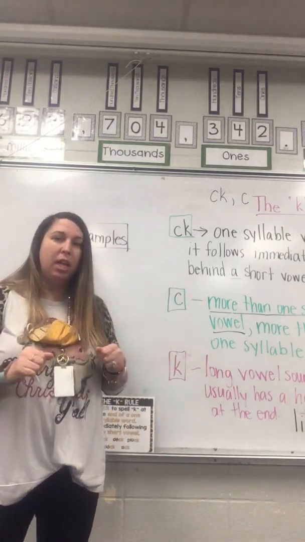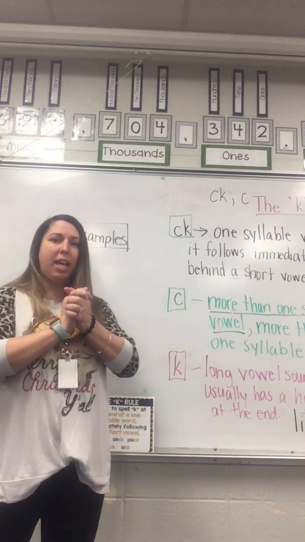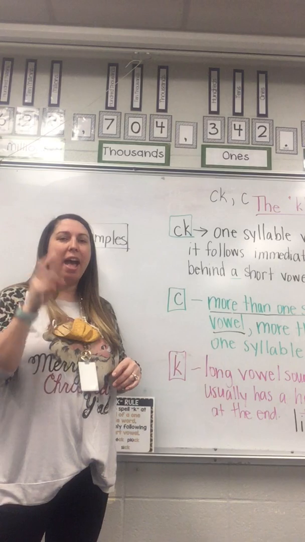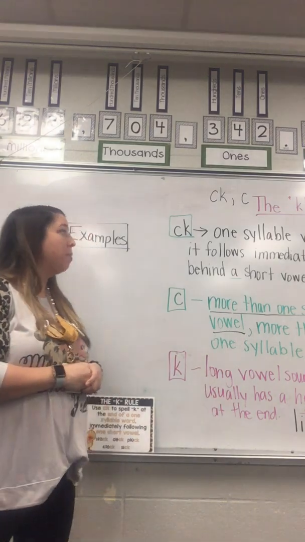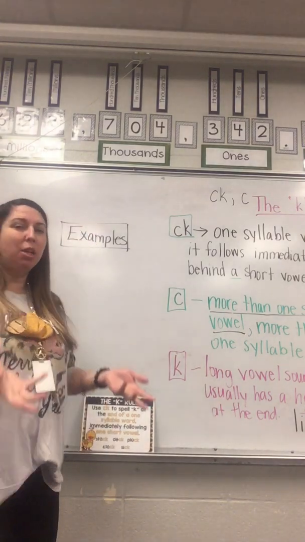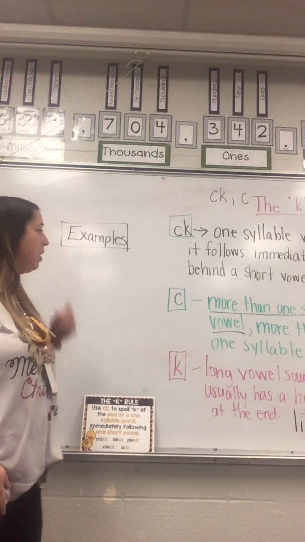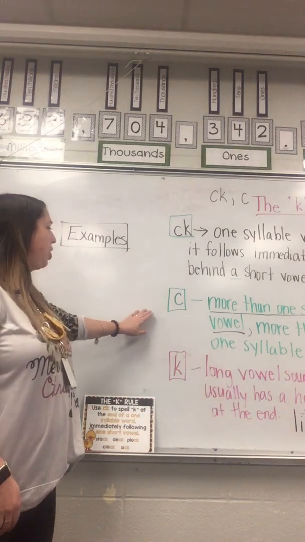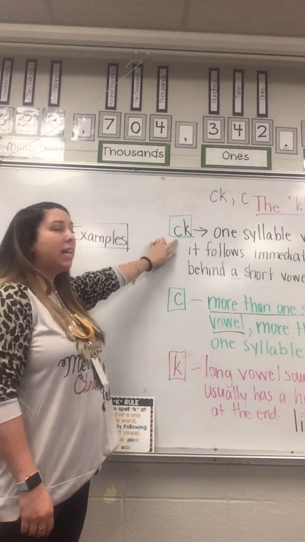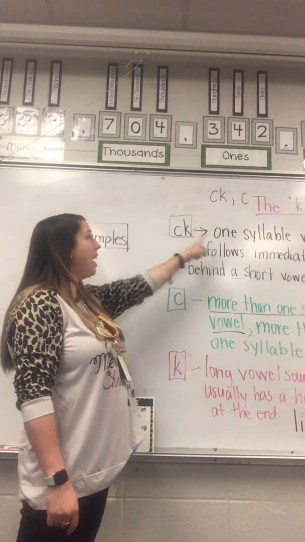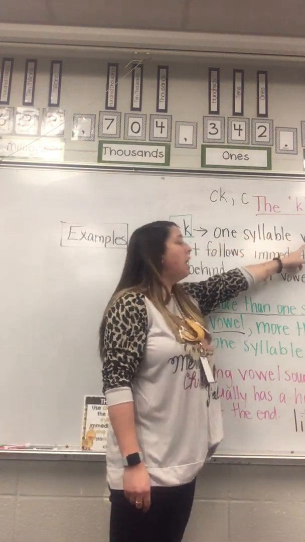Shack. Everybody say that word. Shack. Let's sound it out: sh, a, k. How many syllables did that word have? One. You're correct. So am I going to use C or CK with one syllable? I'm going to use CK because it's a one syllable word.